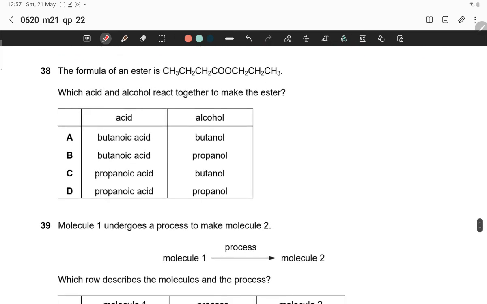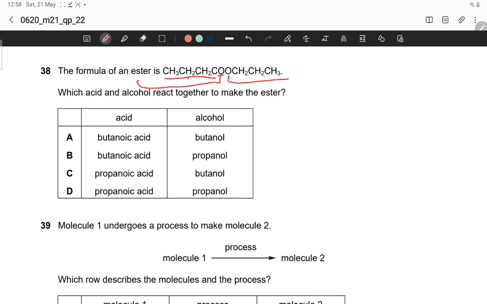B option is correct. The formula of an ester, CH3CH2CH2COOCH2CH2CH3. So this is the alcohol part and this is the carboxylic acid part.